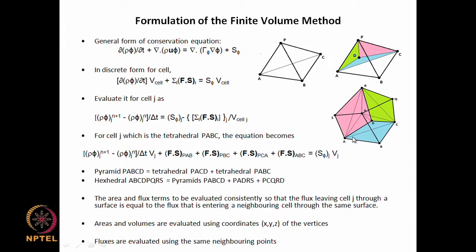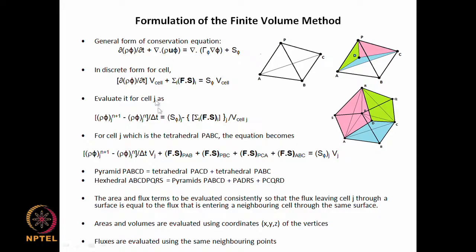And if you have a hexahedral element, it is like a rectangular parallelepiped. So, you have ABCD here, and then you have PQRS here, and you join this, you have 6 faces, like the blue face bottom and top, the pink face left and right, and the green face front and back. So, this is a conventional cuboid kind of control volume which we have been considering.